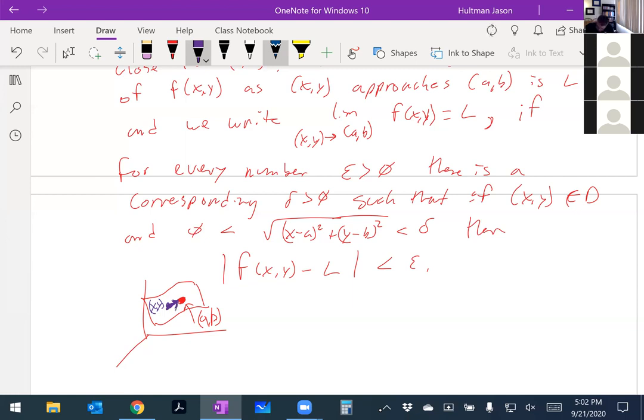And so the difference between the z value at this point and the actual z value at the point AB is also getting closer and closer. So if the distance between xy and AB is closing by delta, then the distance between z and L is also closing.